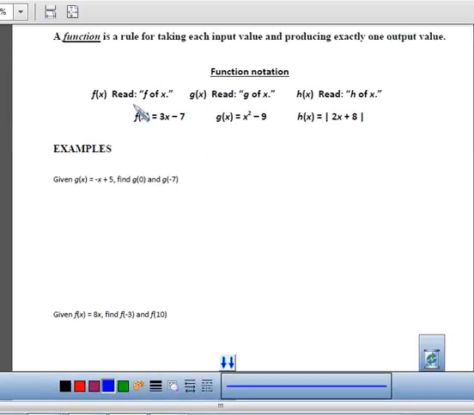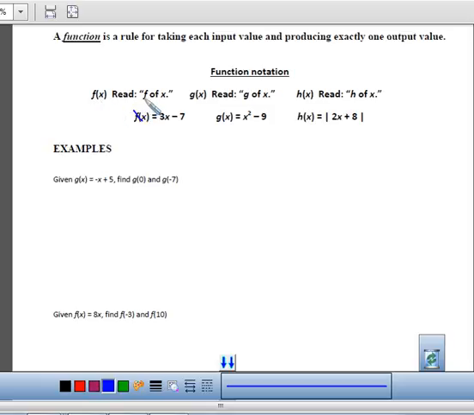So, when we see a function, sometimes it'll be a regular equation that says y equals 3x minus 7. But a lot of times you're going to see this new notation where it looks like this. This is not two different variables, f and x, being multiplied. This is telling us that we're dealing with a function.